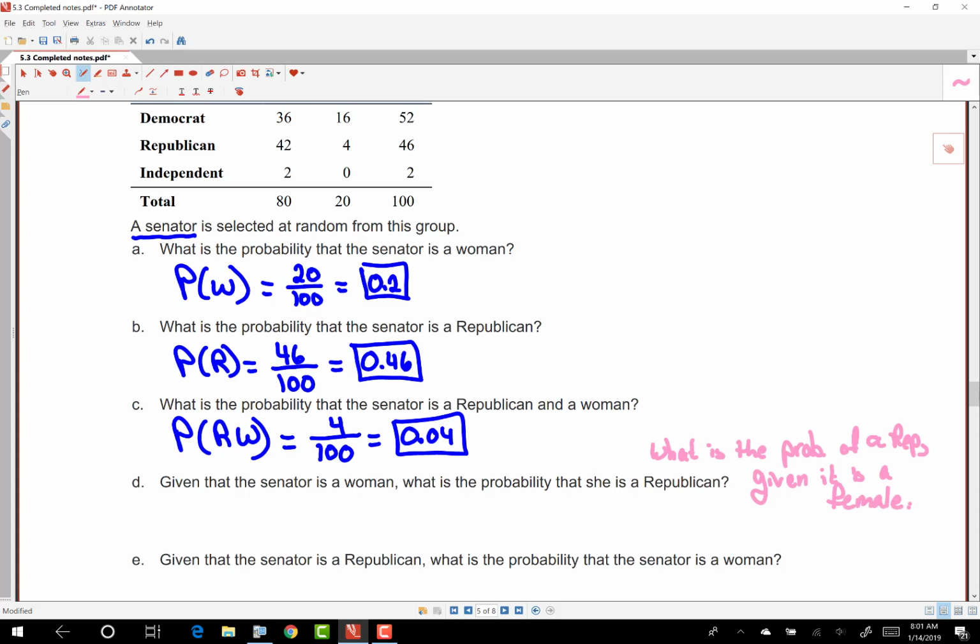So the given condition can be written in the beginning of the sentence or the end of the sentence, but it's still the given condition. That's still going to be your denominator.